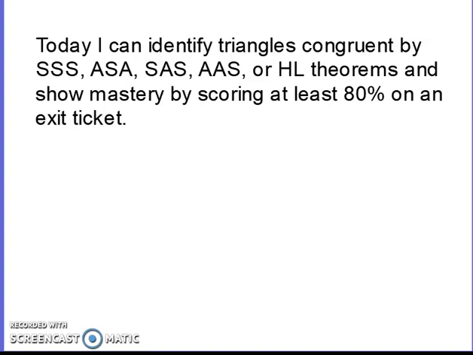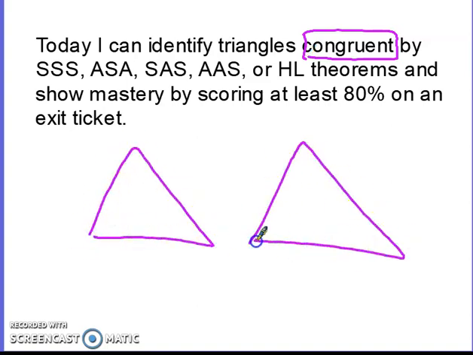Now, the key word here is that we are proving them to be congruent, which means they need to be exactly the same. All the angles have to be the same and all the sides have to be the same. But we're going to use this with diagrams. They're not always going to have numbers. Sometimes if I want two sides in two separate triangles congruent, I'm going to put a tick mark on both sides.